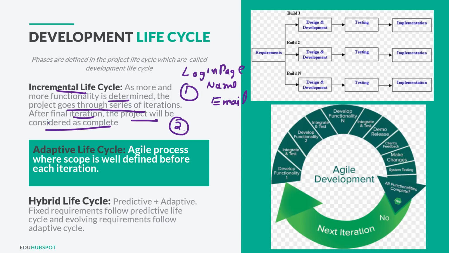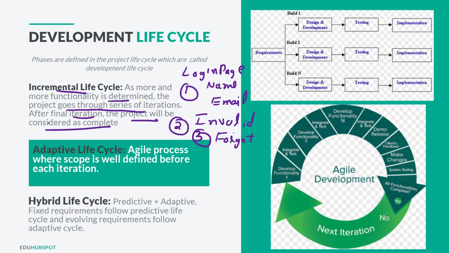Then when we move to the second iteration, we will try to increase the functionality of that. For example, we'll probably add some JavaScript and CSS related things which can help the page look prettier. Or you might add functionality for invalid credentials. What will happen if the person adds an invalid credential? What message might he or she get? And in the third iteration, we might add the forgot password functionality.